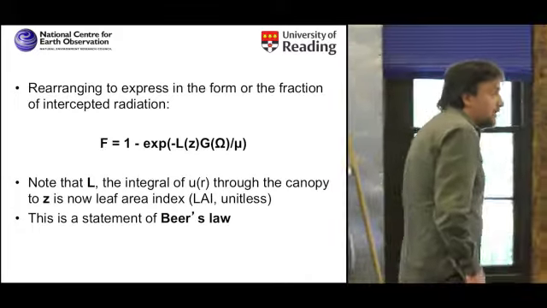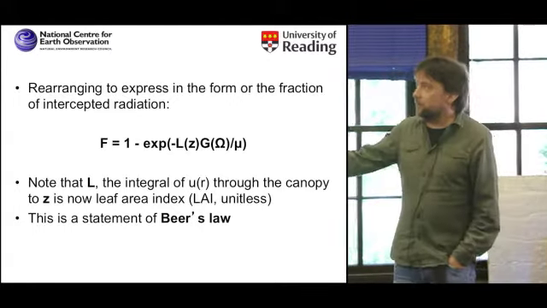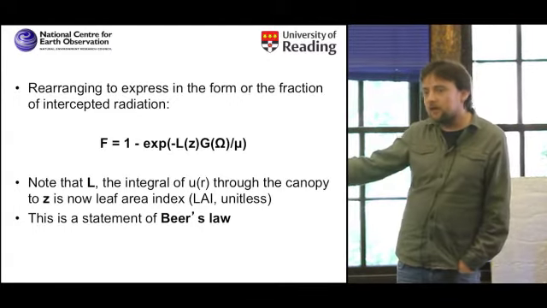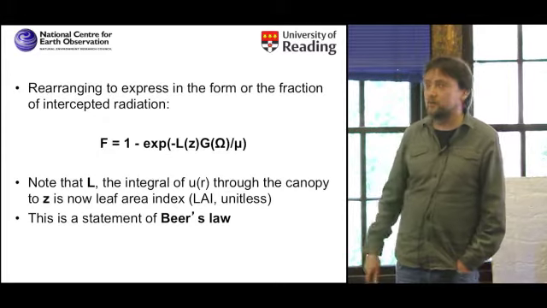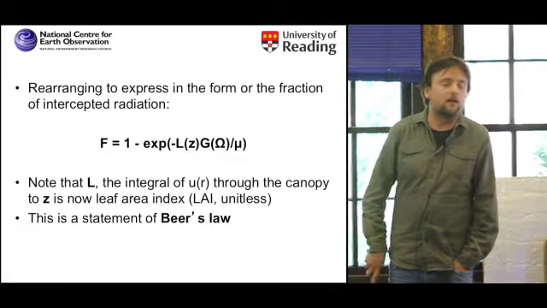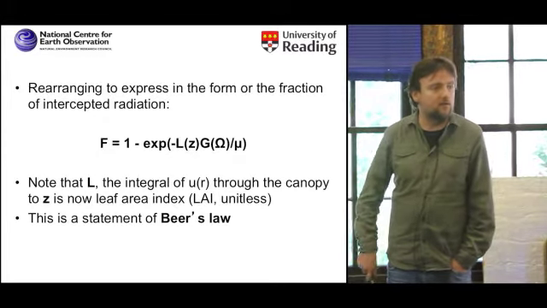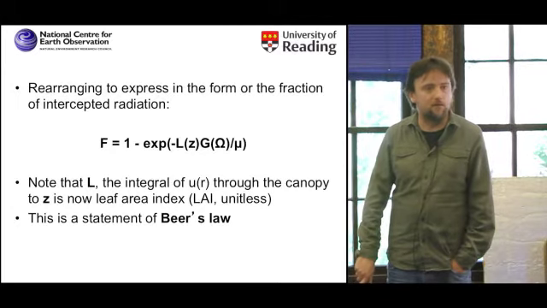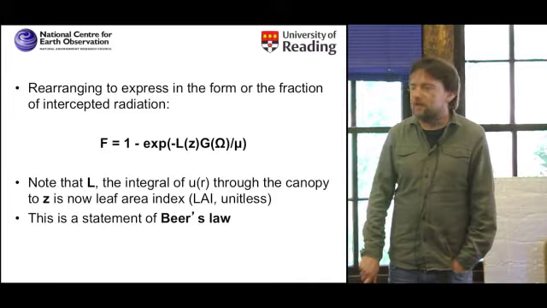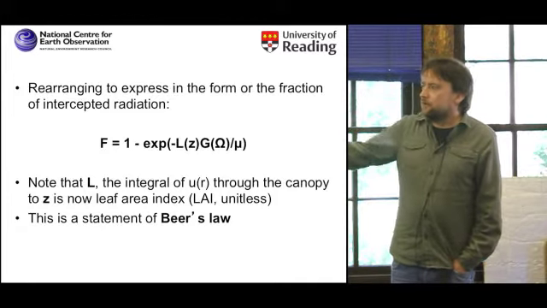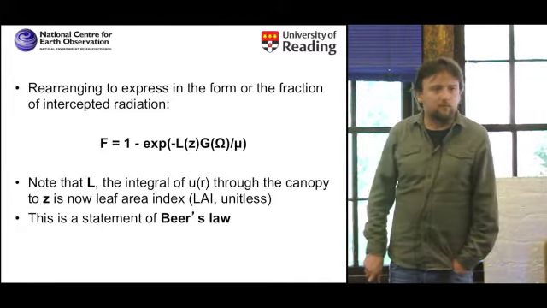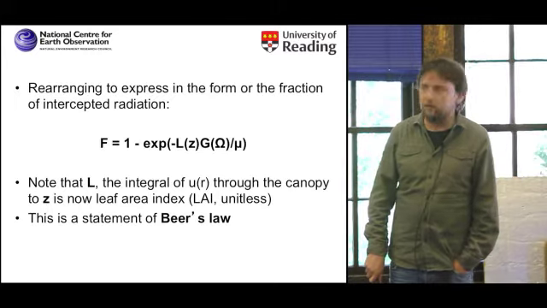Probably most of you are familiar with that equation, maybe not quite in that form, but that's Beer's law. It's what a large number of ecosystem models use to describe the interception of light in the canopy. Everybody comfortable with that? That's probably what Dennis was talking to you about on Friday, those kinds of representations.